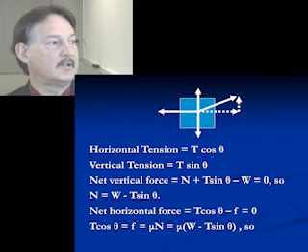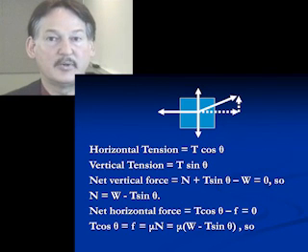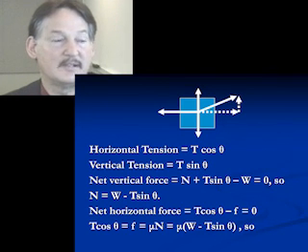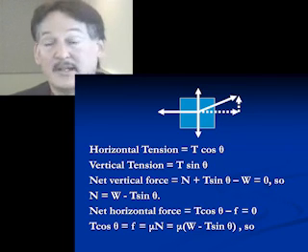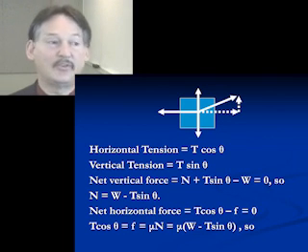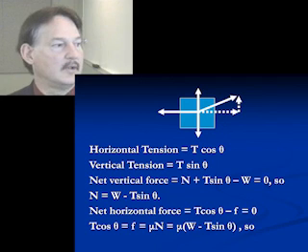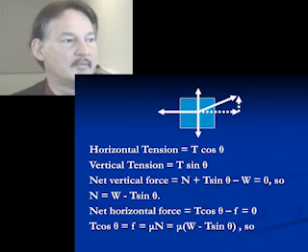Now, in the horizontal direction, we see that the tension component to the right, T cosine theta, is being resisted by the friction to the left. And since it's not moving, those two forces have to sum to 0. So we can plug in here for the fact that then T cosine theta is equal to the frictional force. That comes from up here.